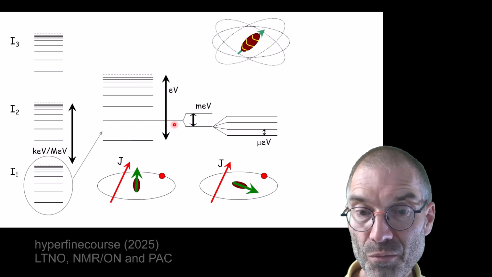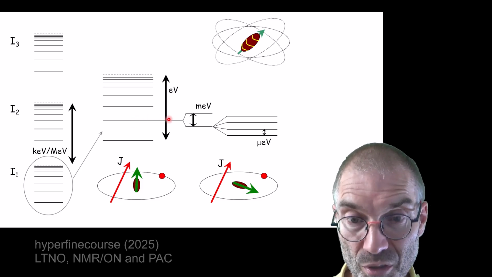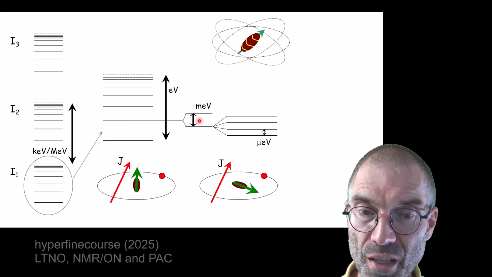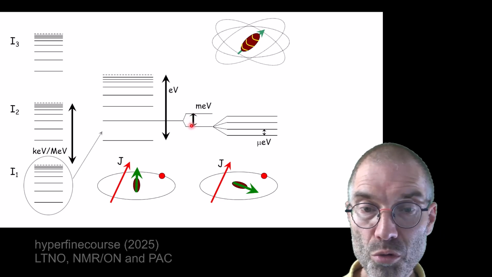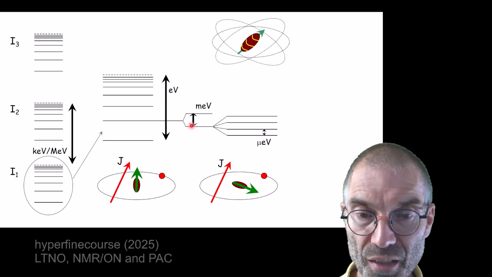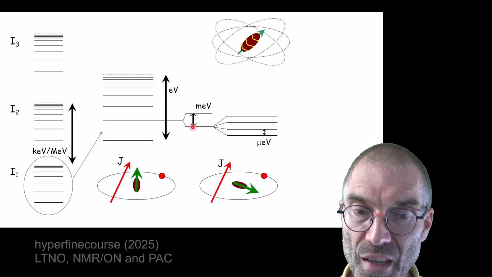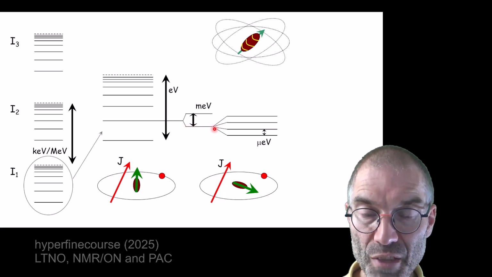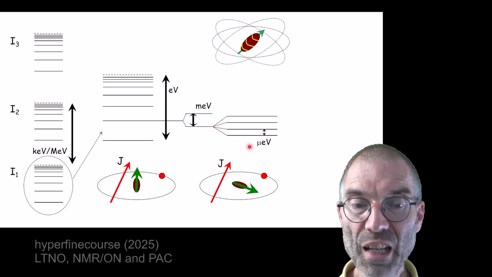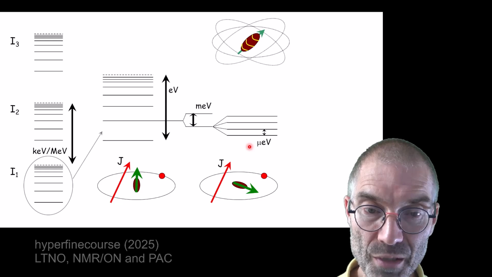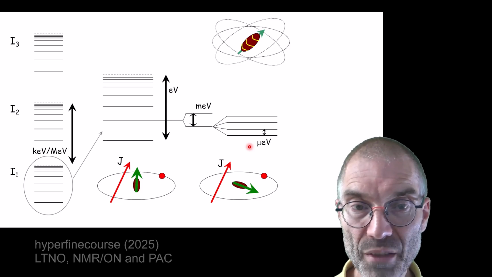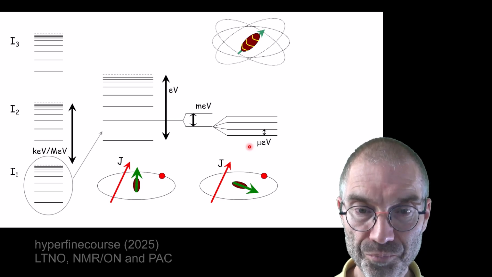For a given gross description of the electron cloud, a fine structure that is related to how the orbital and spin angular momentum of the electron cloud are related to each other. And for a given of these fine structures, a hyperfine structure that is related to how the nuclear spin is oriented with respect to this total angular momentum of the electron cloud.